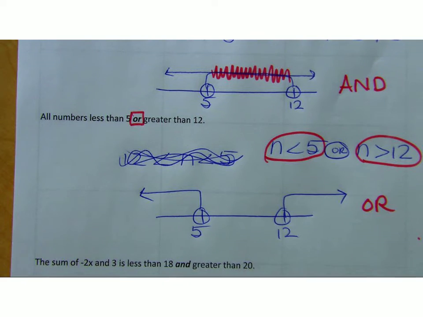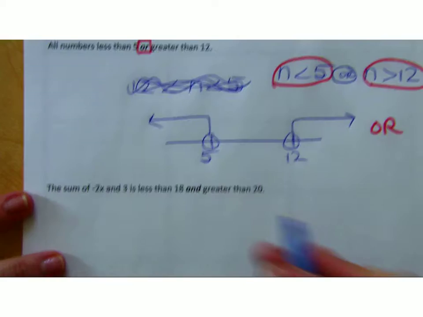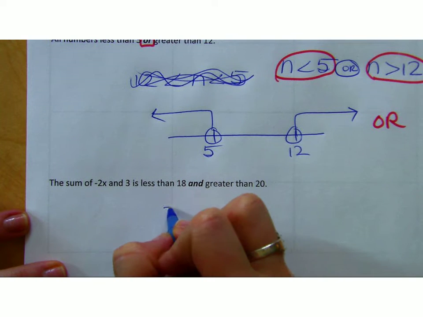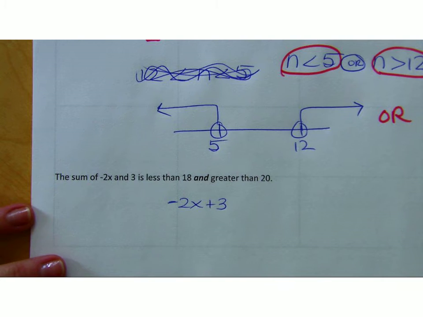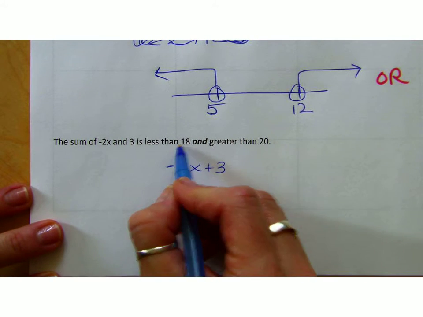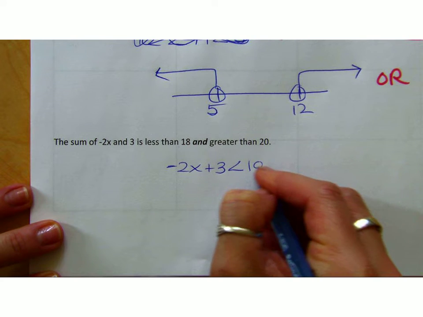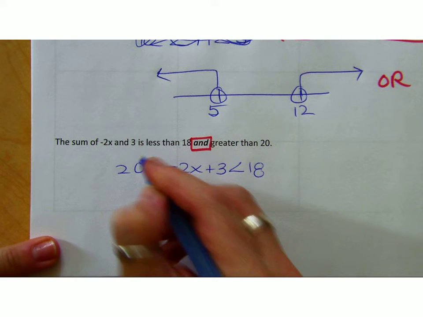Now, we know that something weird happens with the special cases, right? Let's write this one. The sum of negative 2x and 3, take it one step at a time, is less than 18. And because it's an "and," I can write it combined and it's greater than 20.